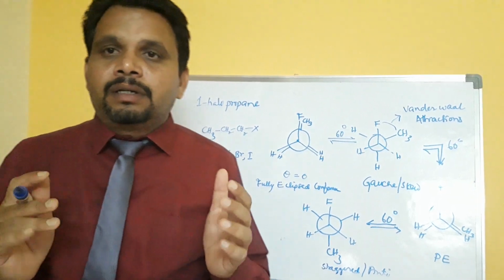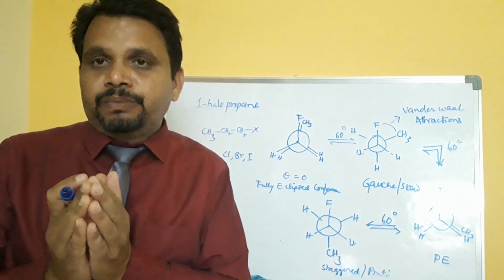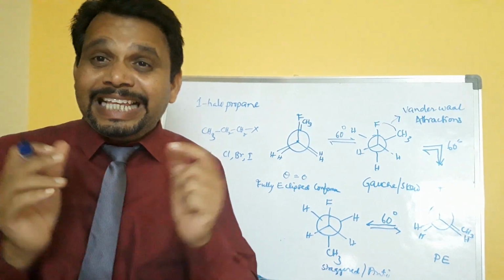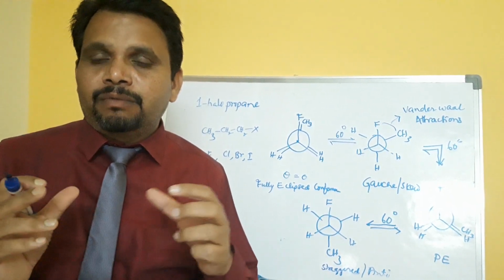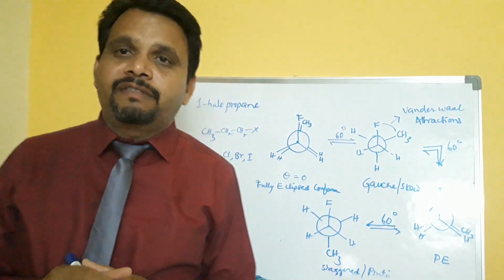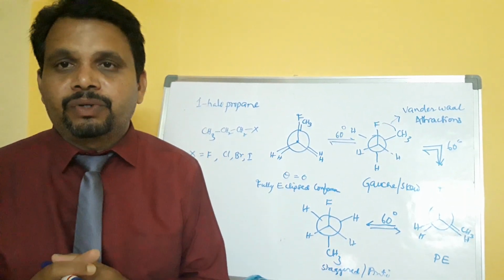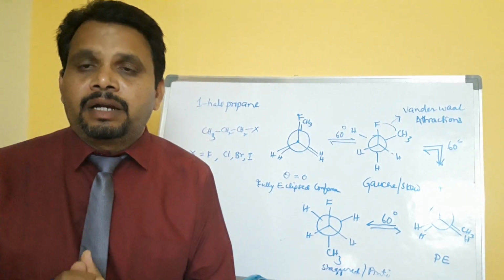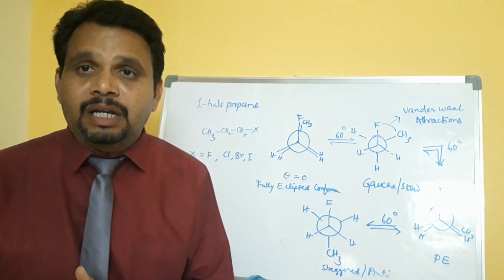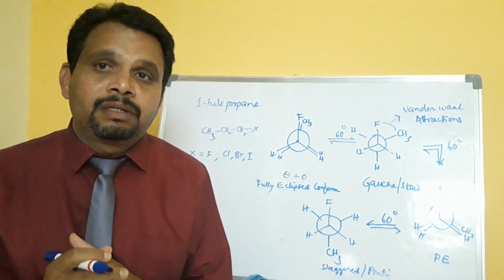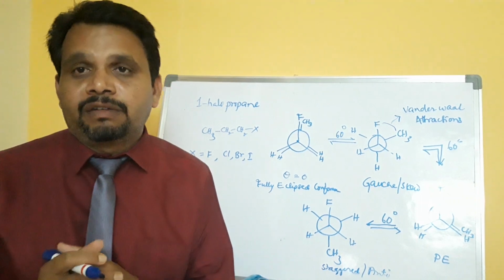If the distance between two neighboring groups is less than the sum of the van der Waals radii, then there is a possibility of van der Waals repulsions. Van der Waals repulsions contribute instability to the conformer. Van der Waals attractions contribute stability to the conformer.